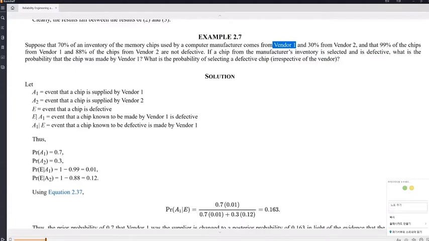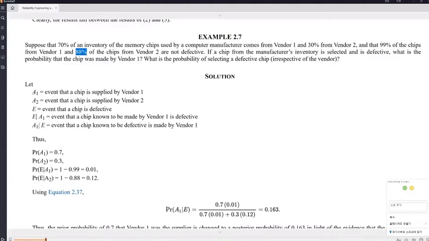In the case of vendor 1, 99% of chips are okay, but that means 1% of chips will have some kind of defects. In the case of vendor 2, 88% will be okay. That means 12% of the chips will have some defects. So these are all the basic information that we have.